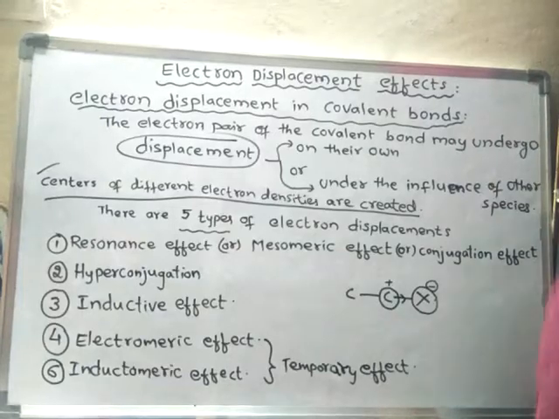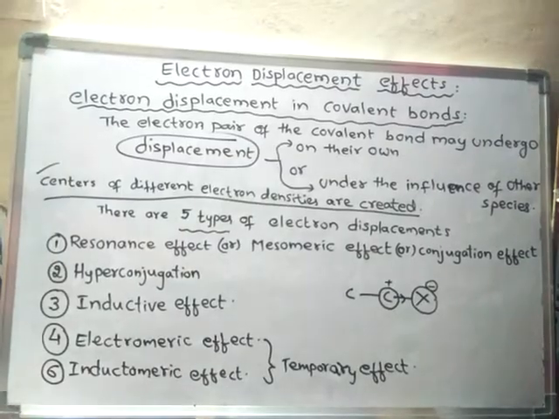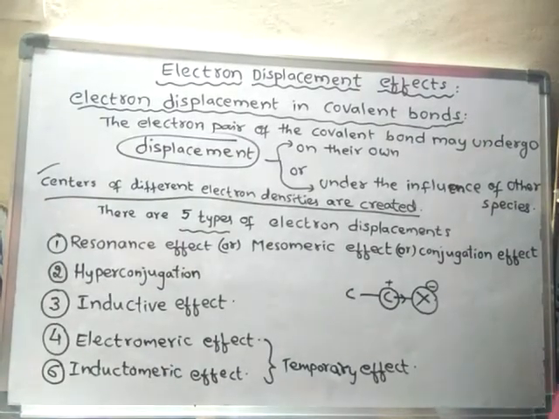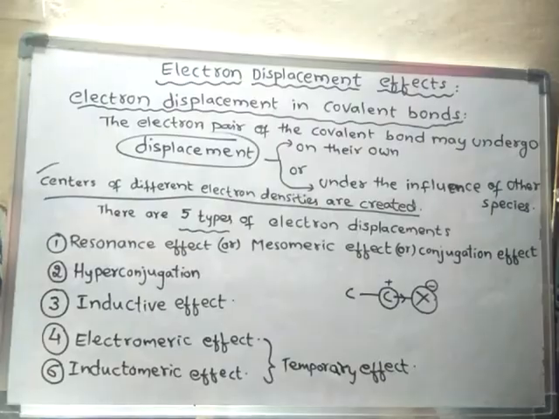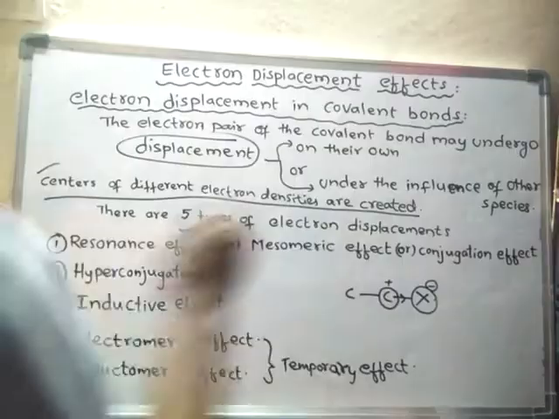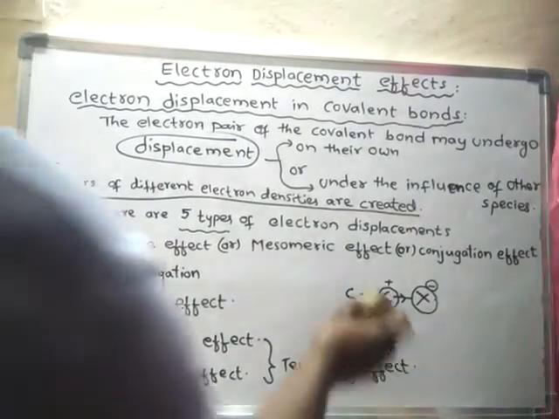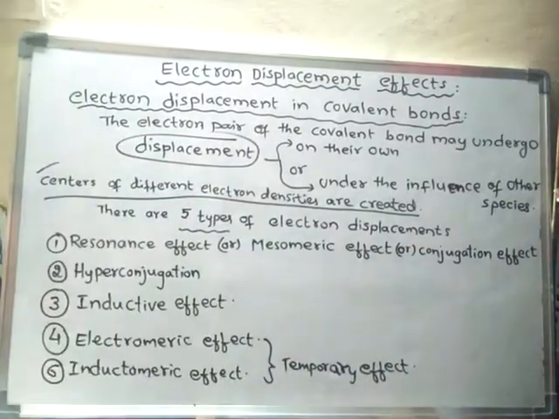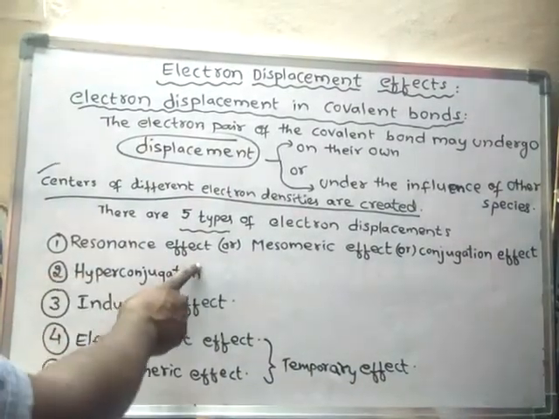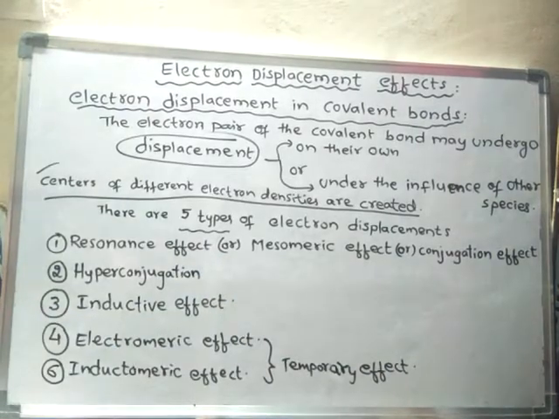There are certain factors which create the centers of different electron densities in the substrate. Substrate means the substance which is undergoing change. So there are 5 different types of electron displacement effects. What are they? One is resonance effect or mesomeric effect, also called the conjugation effect.